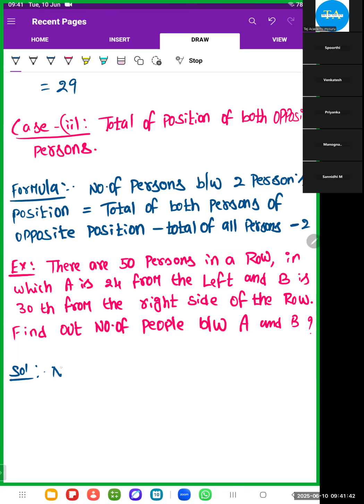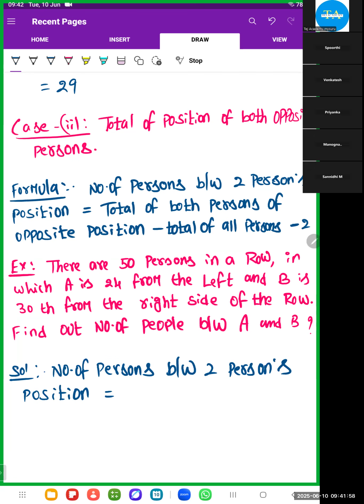To calculate the number of persons between two persons, total of both persons in opposite position: A is 24 from the left and B is 30, minus the total number of persons, how many are there? 50. 50 minus 2.